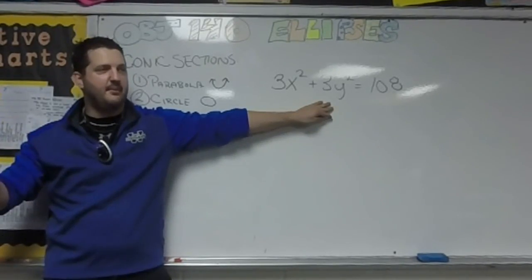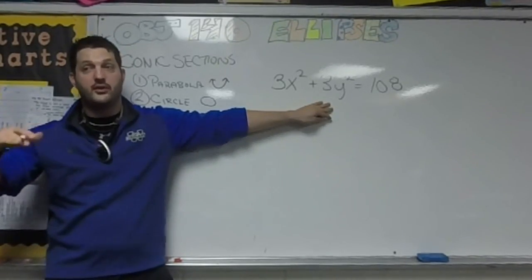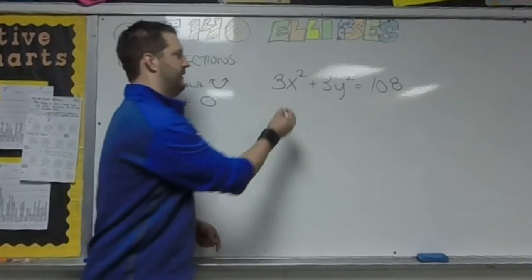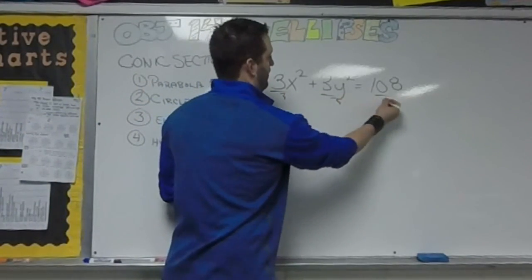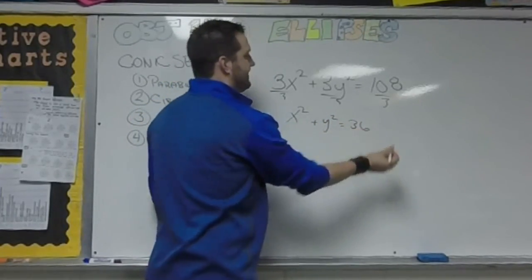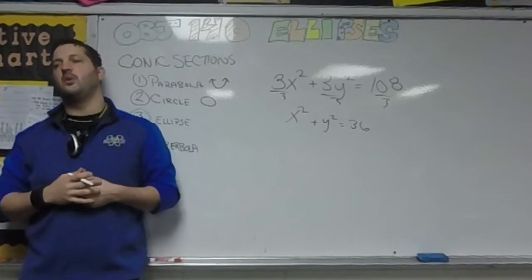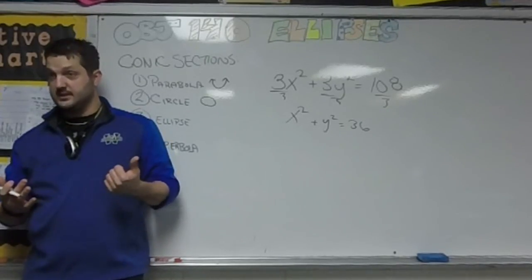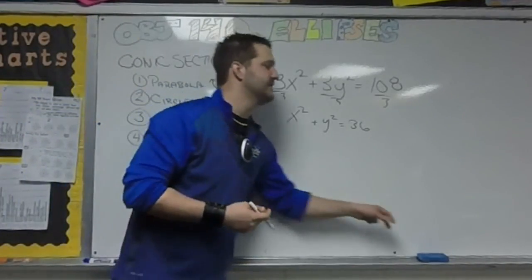And if they're the same, I can divide them off. Divide all three pieces by 3. And this ended up being x squared plus y squared equals 36. That's a circle with a radius of what? 6. 36, 6 times 6.